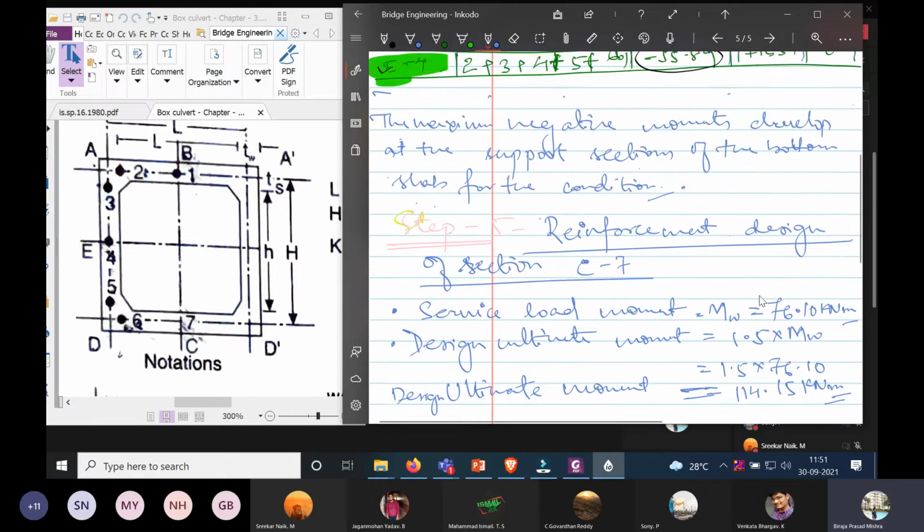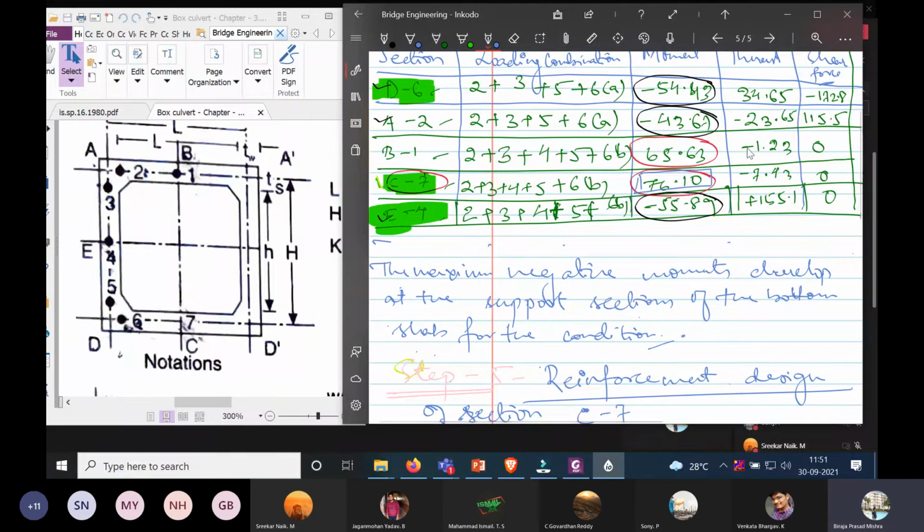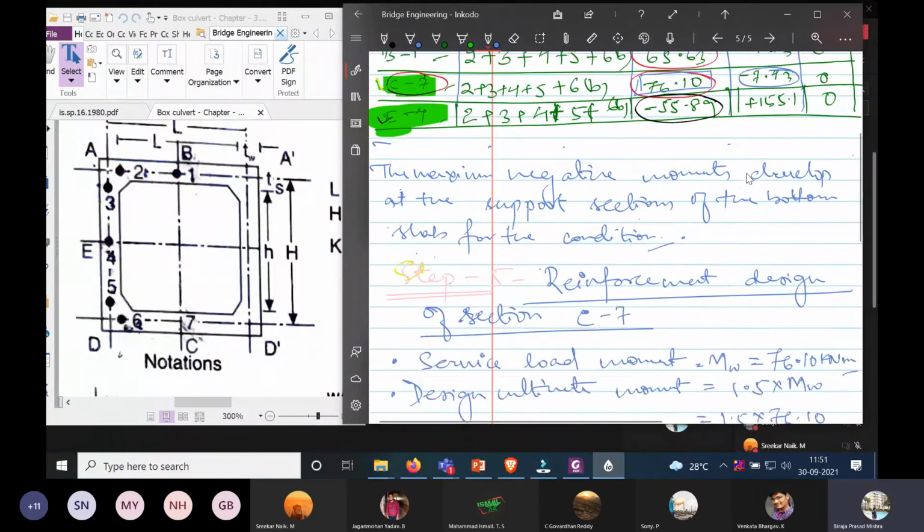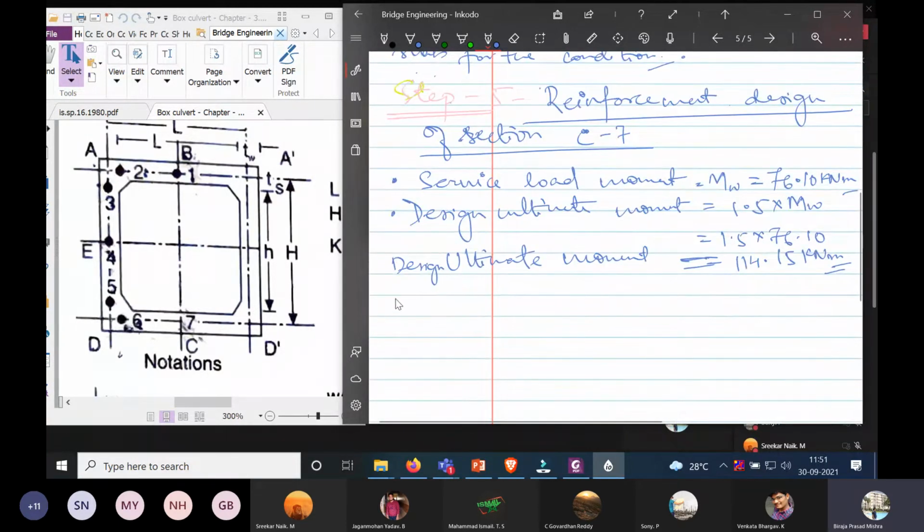Similarly, now see here, what is the thrust value here for section C7? It is minus 7.43. So again here we will write service load thrust equals minus 7.43 kilonewton.